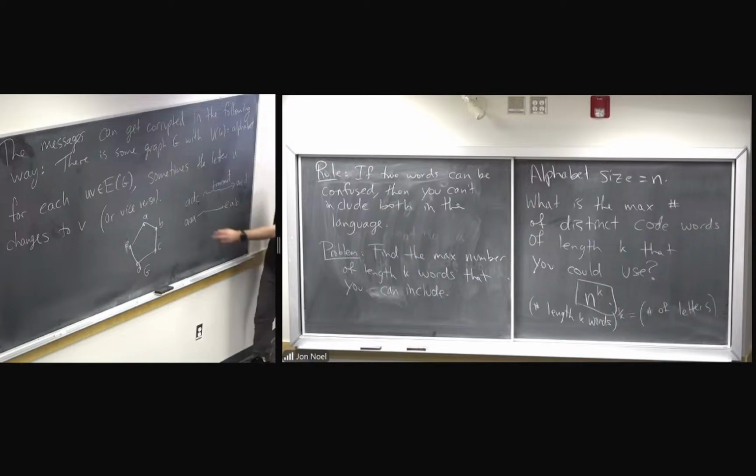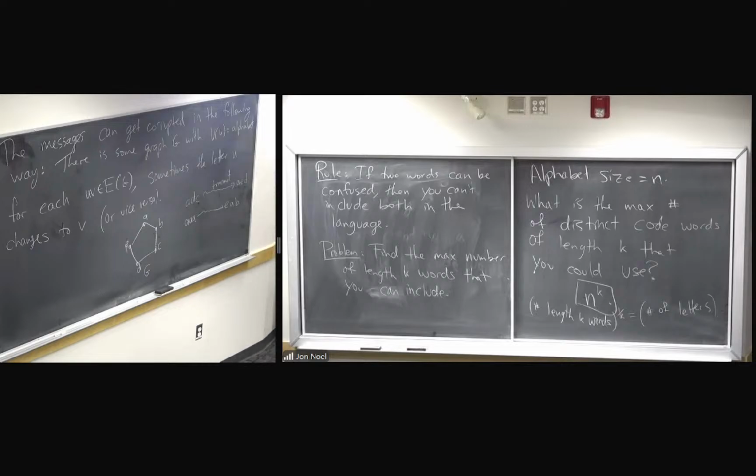Anything can flip in any possible way. So you should think of it as, when I send a word, I'm actually transmitting each letter individually, and each of them can be corrupted.